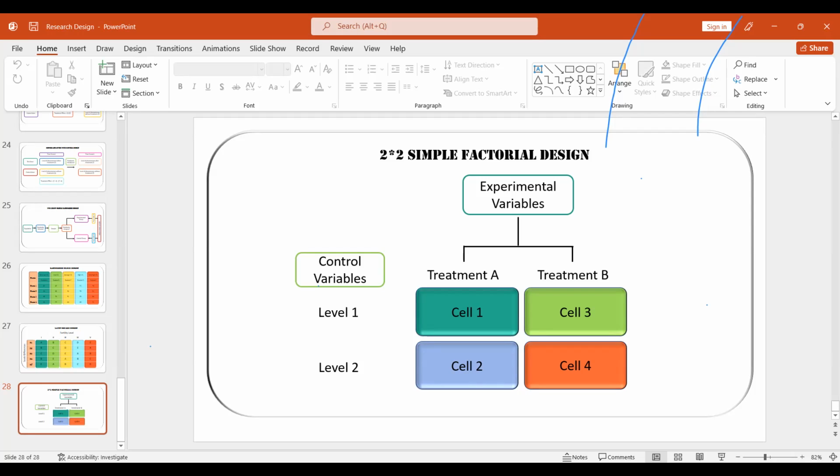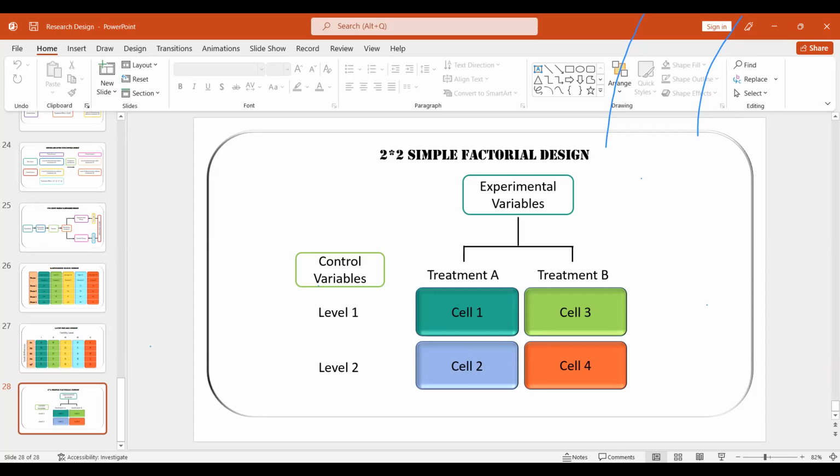As such, there are four cells, cell 1, 2, cell 3, and 4, into which the sample is divided. So each of the four combinations would provide one treatment or experimental condition. The subjects are assigned at random to each treatment in the same manner as in a randomized group design.